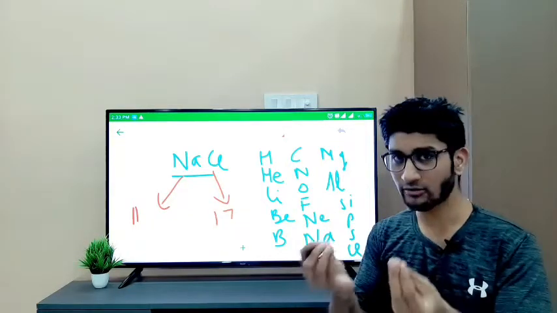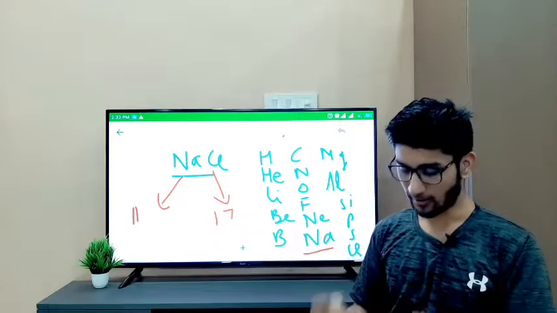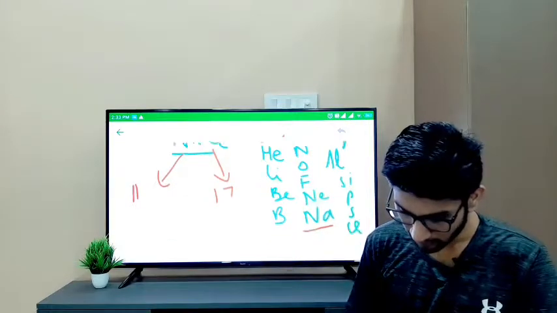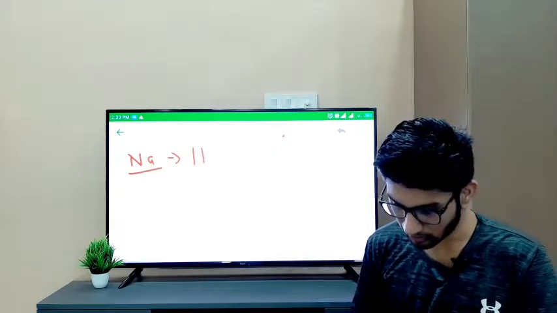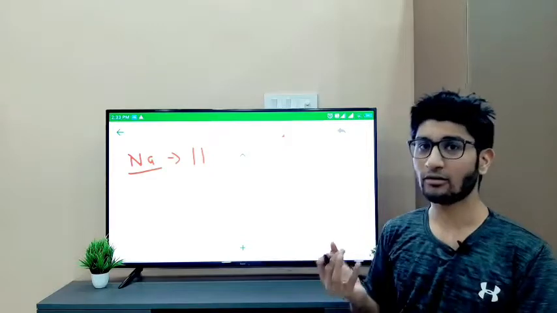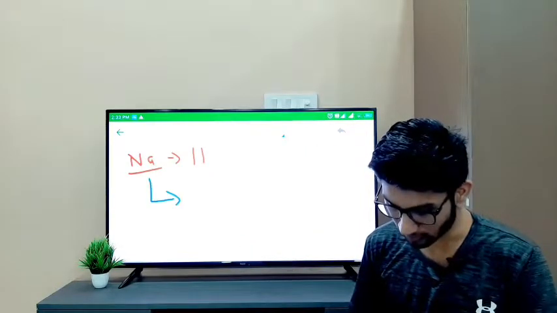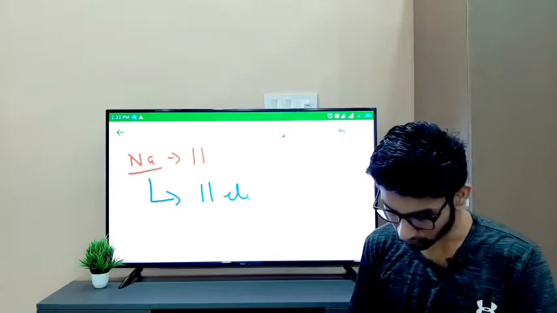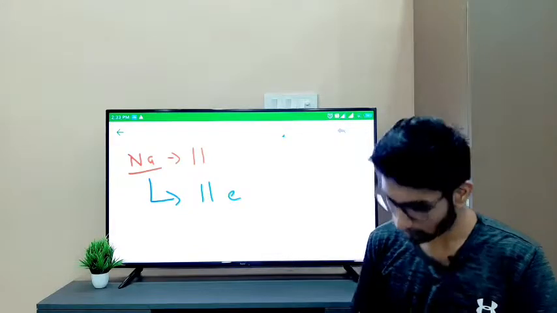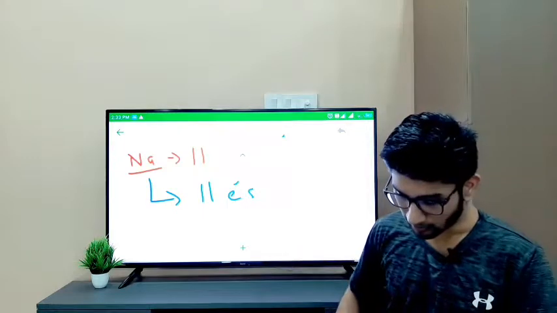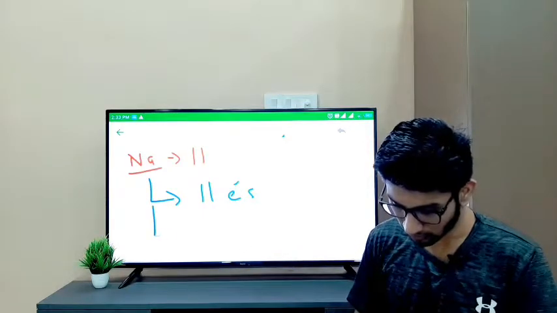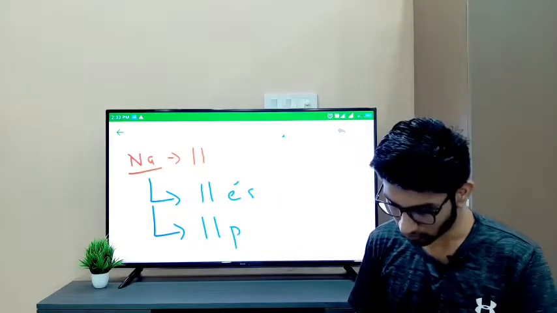Now what information we can derive out of it is that if we know that Na has atomic number 11, sodium would also have 11 electrons. This is how we denote electrons in short, right? So it is going to have 11 electrons and 11 protons.